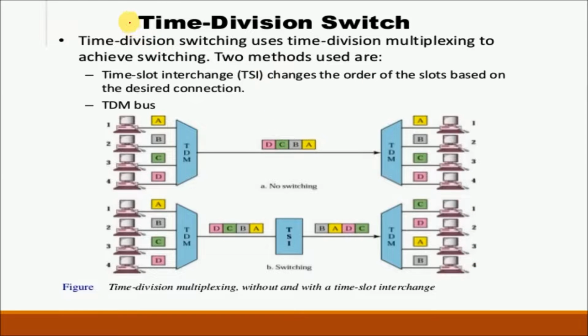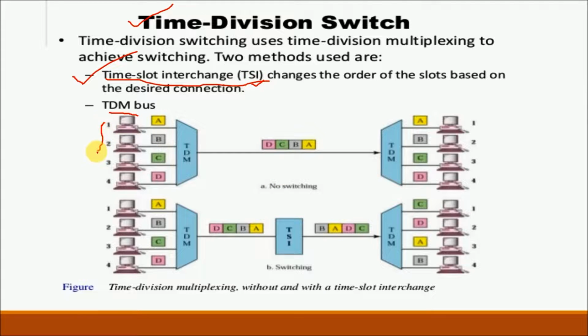Next, time division switching. The time division switching can be implemented in two ways. One way is TSI, that is called time slot interchange technique. Another is the TDM bus technique. So let's see what TSI is.